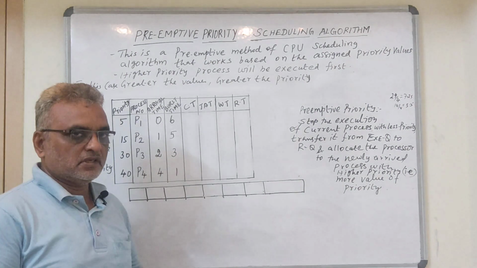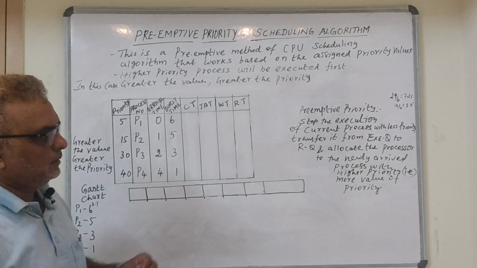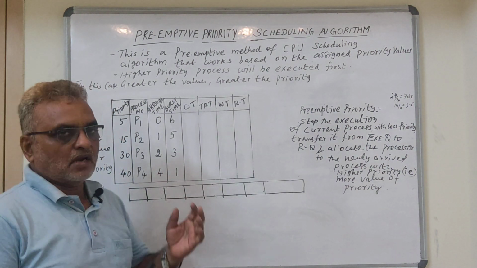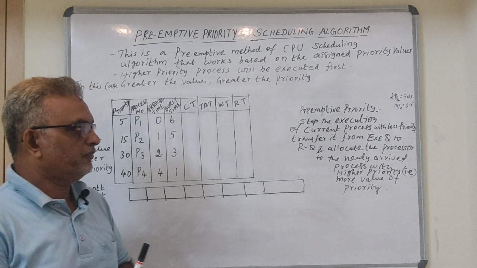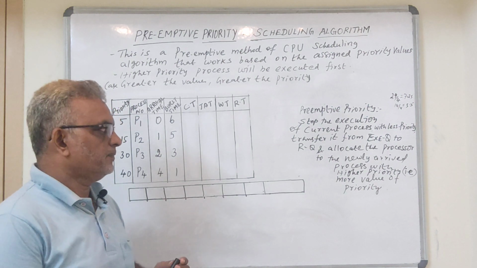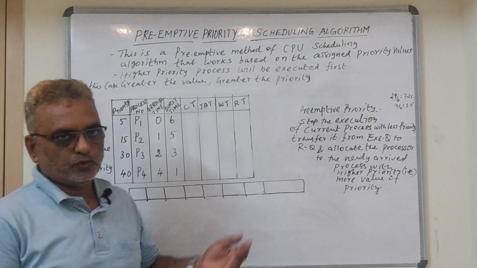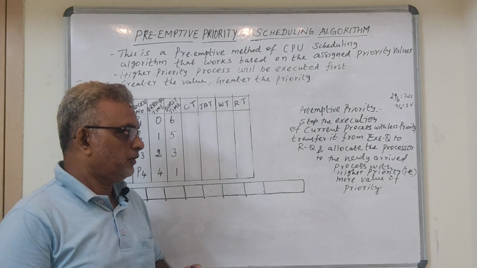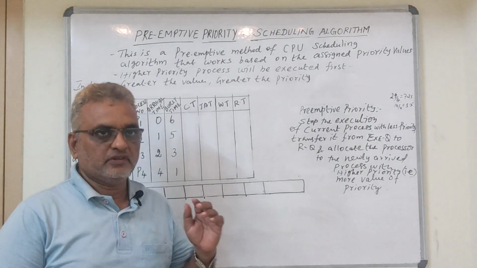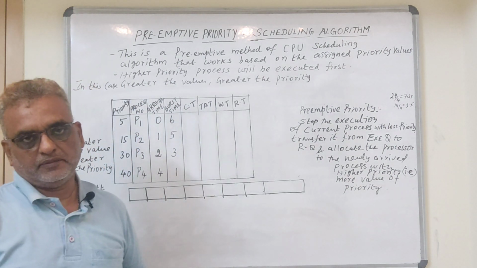Higher priority process will be executed first. Preemptive priority means stop the execution of the current process whose priority is very low, transfer it from the execution queue to the ready queue, and allocate the processor to the newly arrived process with a higher priority, that is, a larger priority value.